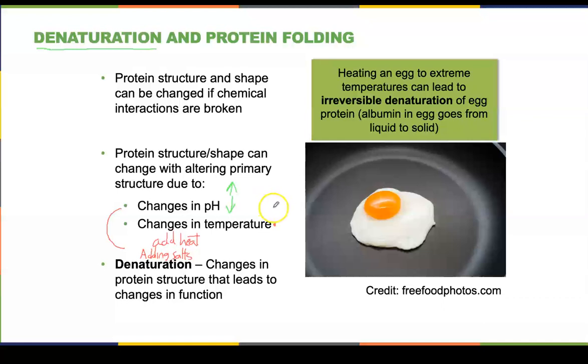Second, we add vinegar, and the vinegar is going to lower the pH. And third, we add salt, which is going to again change the possibility of ionic bonds forming. We also use heat to break down proteins when we want to be able to digest proteins. So for example, this fried egg, we are breaking down proteins as the egg cooks.